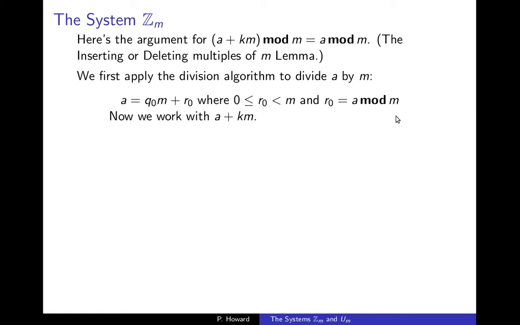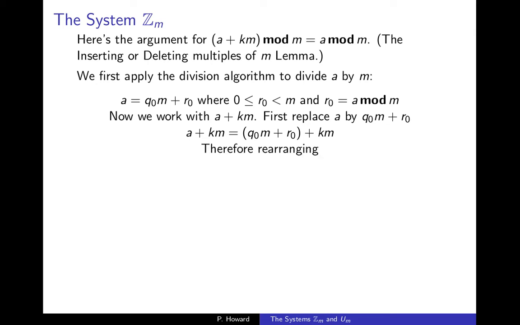Right, this is the result of dividing A by M. So if we simply make that replacement, we get A plus K times M is Q0 times M plus R0 plus K times M. Now we do a little rearranging.